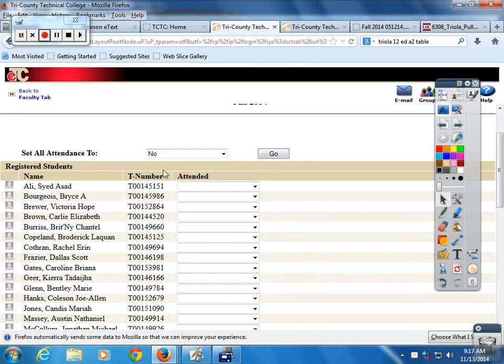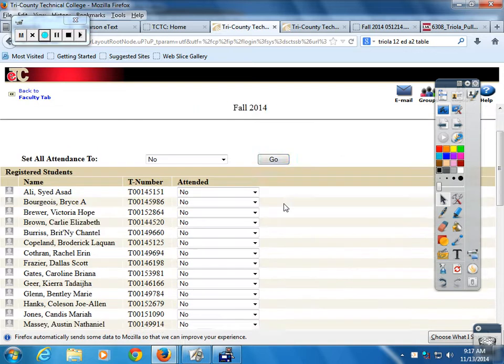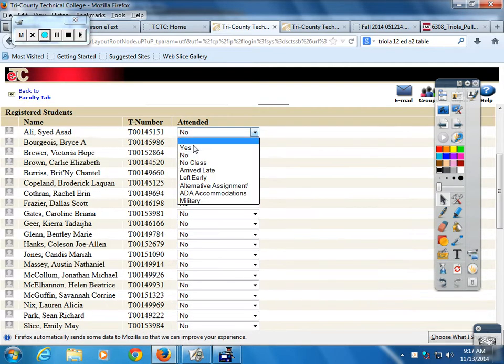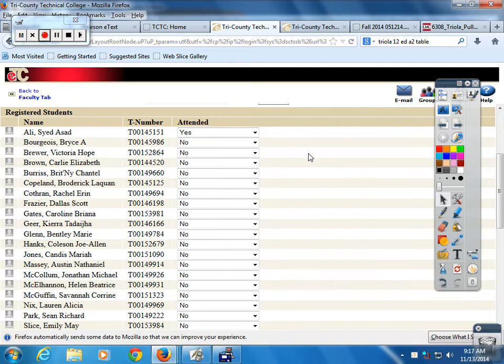All right, Mr. Ali is here. Bourgeois is not here. I'm gonna mark the ones that I know are here, because the quiet ones, I never can remember their names. McElhannon, I mark her here because she's doing the teacher things.